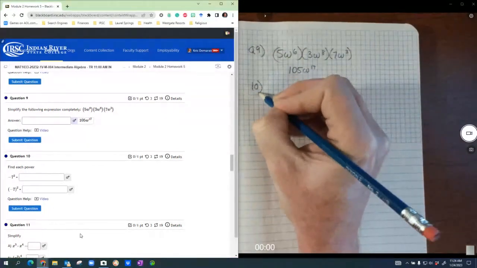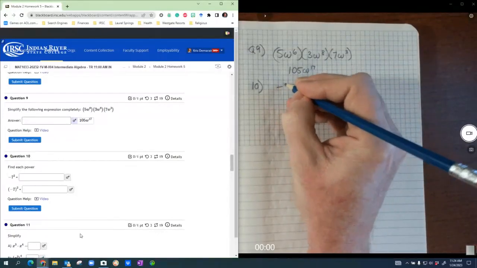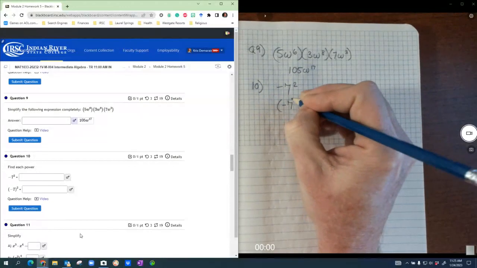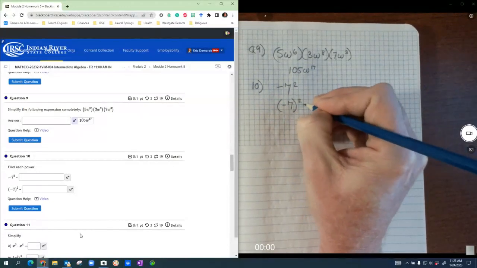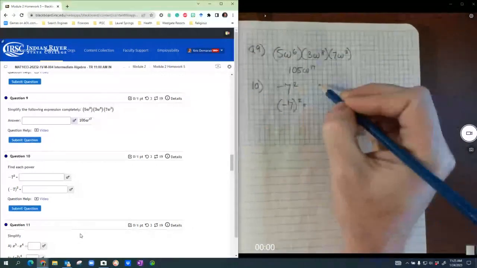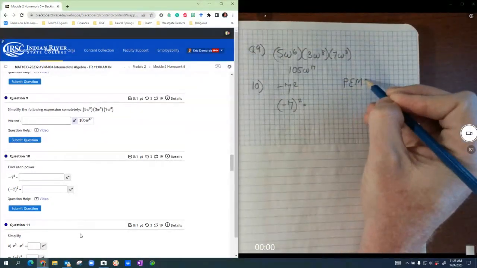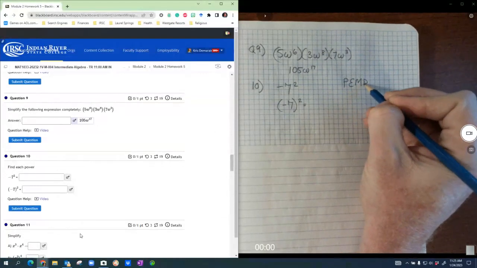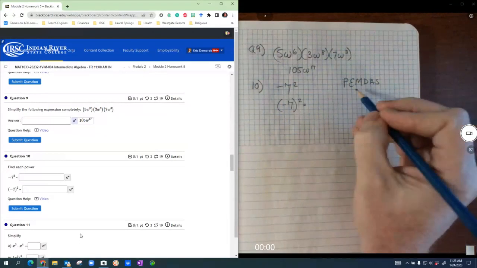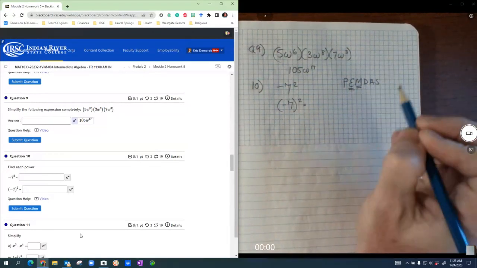Question number 10. I love this question because it really helps the student understand the difference between what this means and what this means. It's about understanding the order of operations. Remember in PEMDAS, Please Excuse My Dear Aunt Sally, you're supposed to do the exponential power before multiplication.